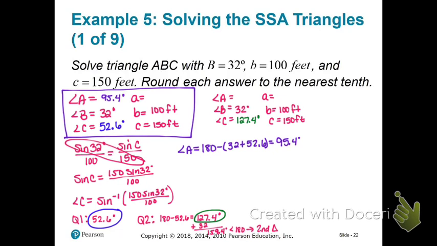And then I can use angle B and side B and angle A to help me find side A, right?